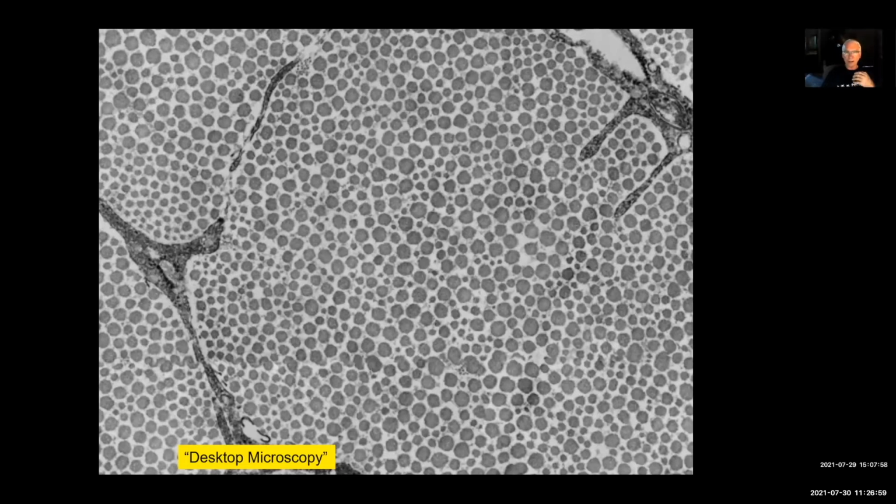So it allows our collaborators then to do what we call desktop microscopy, where they can simply enlarge an area, a field, and move around in that field, measuring different fibrils, seeing unusual fibril shapes, that sort of thing. Very, very valuable, and it's why a lot of our collaborators keep on coming back to this.